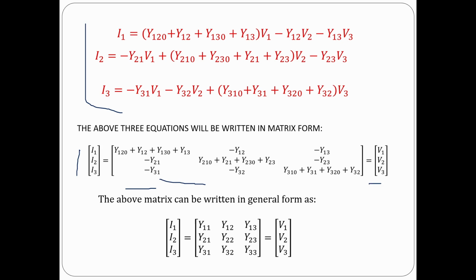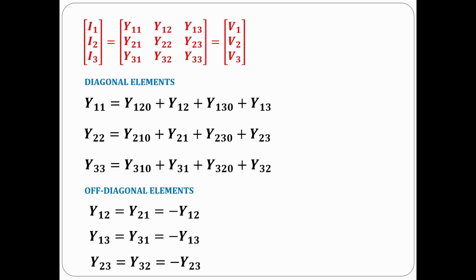Also, to simplify, the above matrix can be written in general form like this. In this matrix, the diagonal elements Y11, Y22, and Y33 are the summation of self-admittance, while the off-diagonal elements are called transfer admittance or mutual admittance.